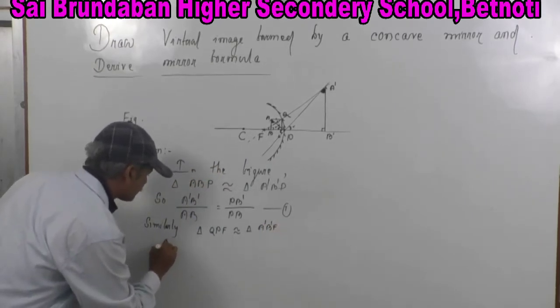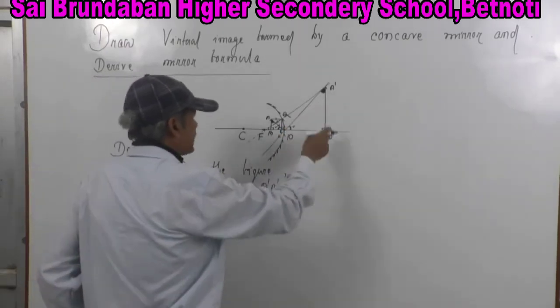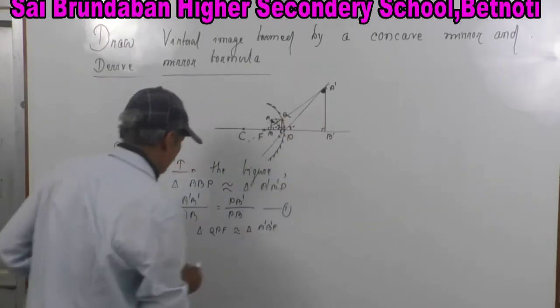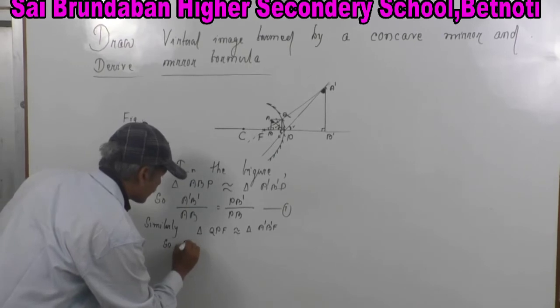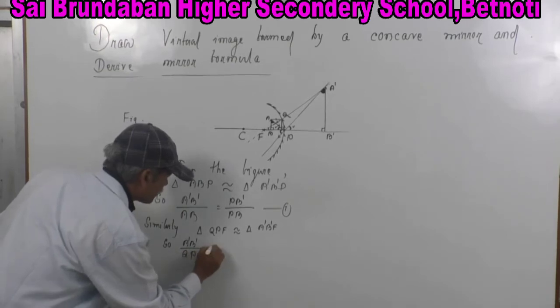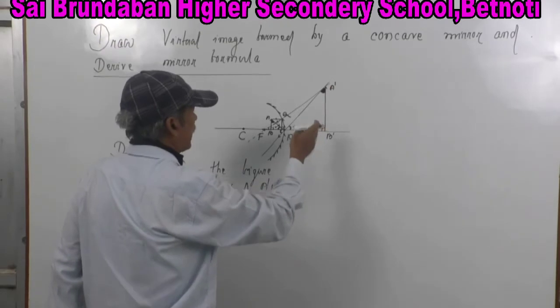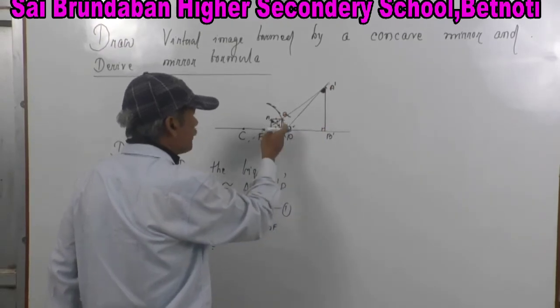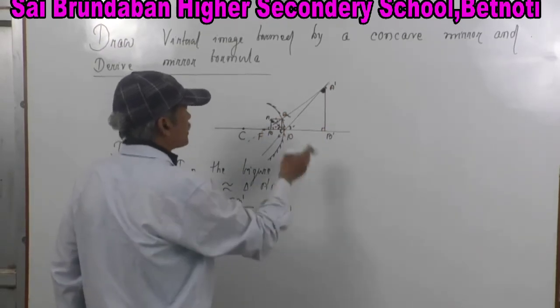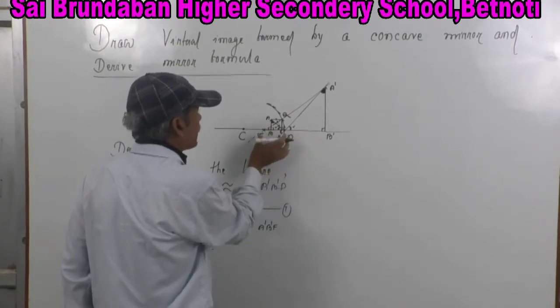So A dash B dash by QP is equal to B dash F by PF.